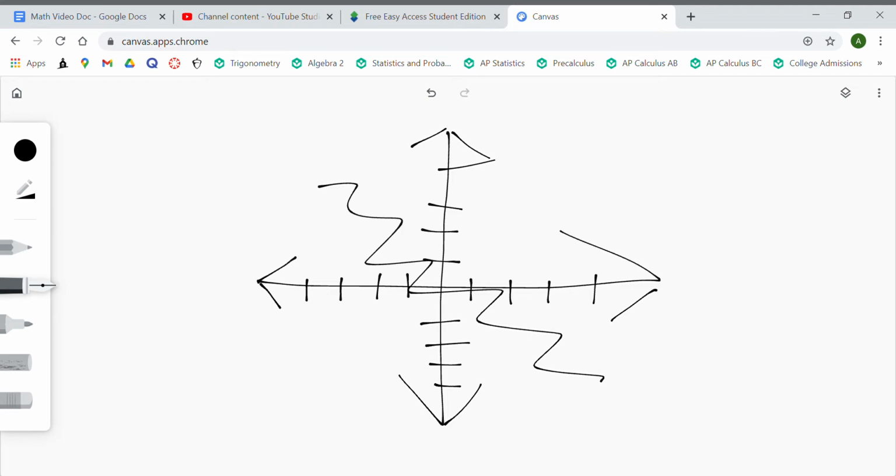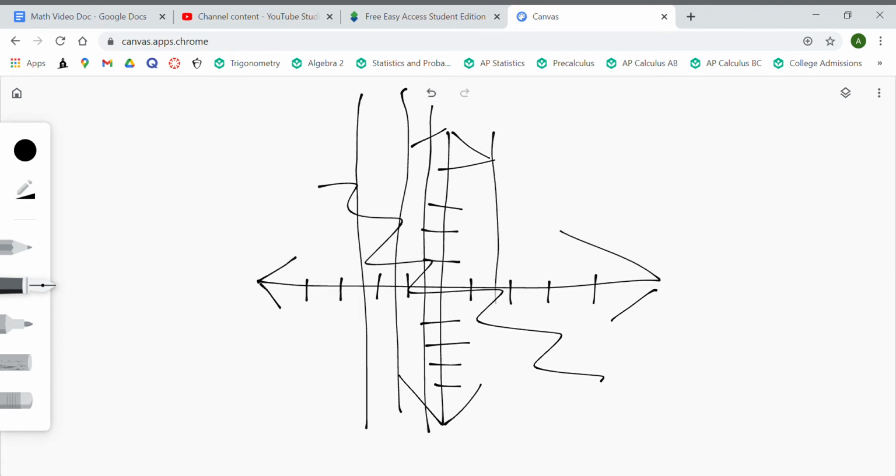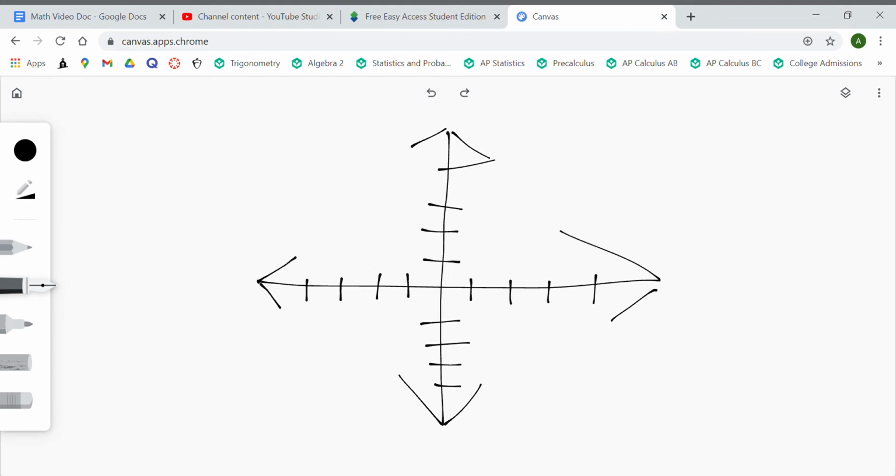It's a terrible relation here. We got vertical lines all over the place. This is definitely not a function. It definitely does not pass the vertical line test.